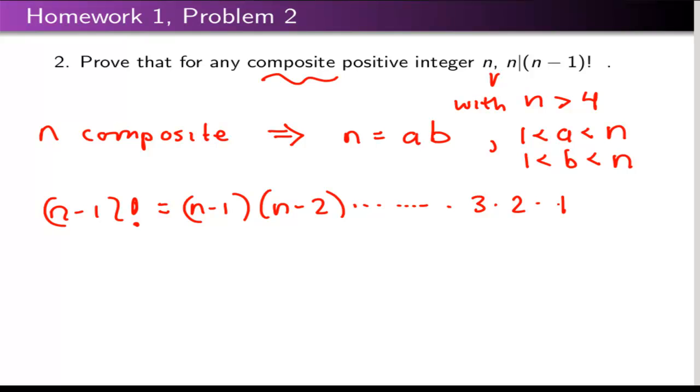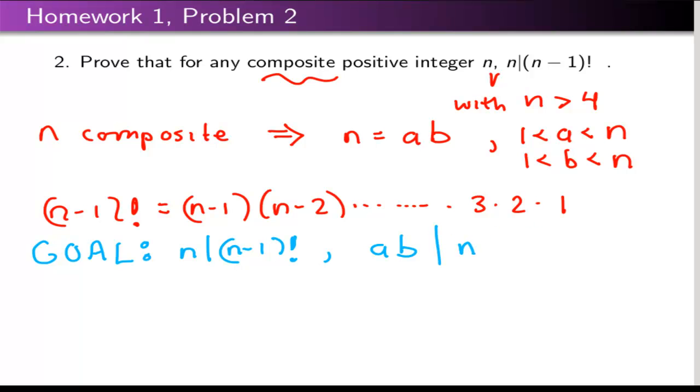Okay, and so what's our goal? I want to show that n is a factor of (n minus 1) factorial. So that means I want to show that a times b is sitting as a divisor of this product right here.